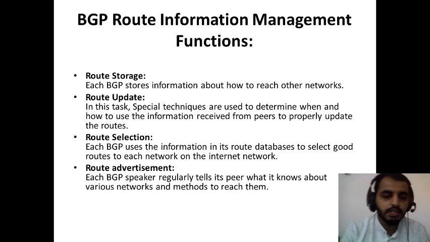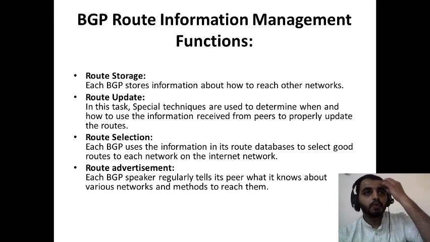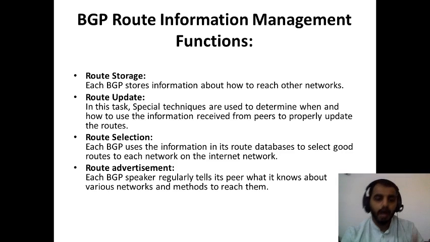The last one is route advertisement. In this case, if a new route is added, or a route is removed, or there are some glitches, every router will advertise itself so that other routers can get updated.